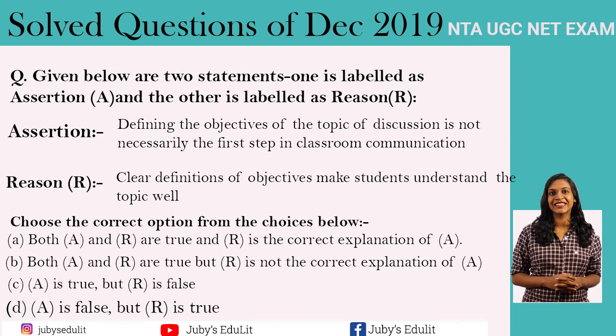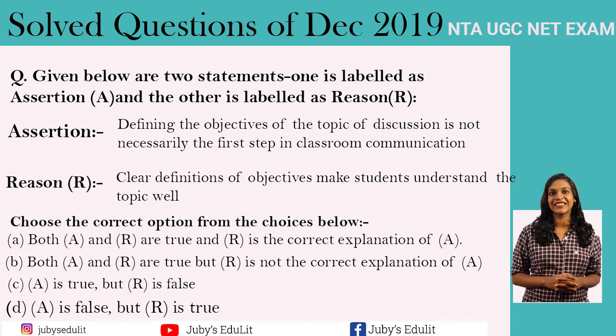The assertion reason kind of question, and the assertion given here is: defining the objectives of the topic of discussion is not necessarily the first step in classroom communication. First of all, when you get an assertion reason question, you have to see if the assertion or the reason given is true or false, or if the reason is the correct explanation of the assertion.